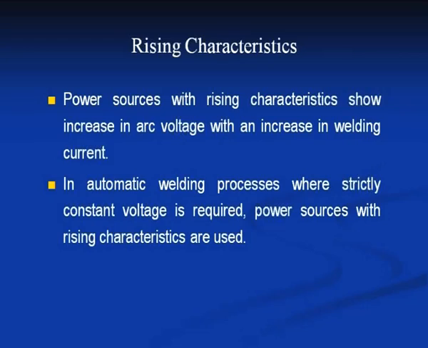The third type of static characteristic power sources are the rising characteristic power sources, where an increase in current increases the arc voltage. This type of power source is mainly used in automatic welding processes, where largely constant voltage is required for the success of the process.